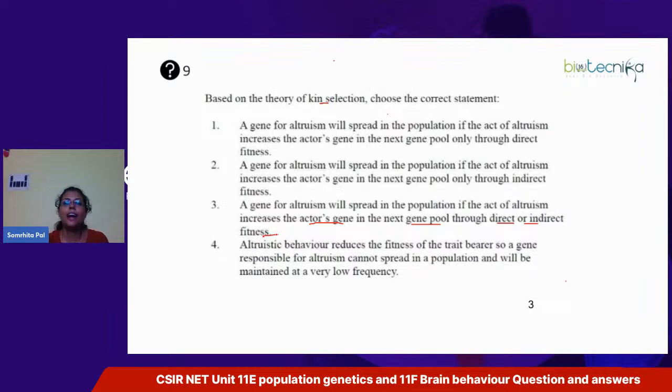This is the entire concept dealt with under altruism and kin selection. Maybe you're not the one passing it directly, but you are passing your genes through others who are genetically linked to you. Fine.